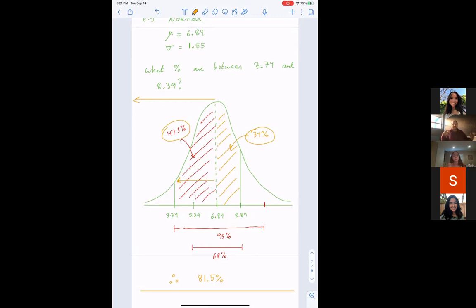So you're going to have lots of these examples of calculating normal probabilities, normal areas, and you're going to be using the 68, 95, 99.7 rule.